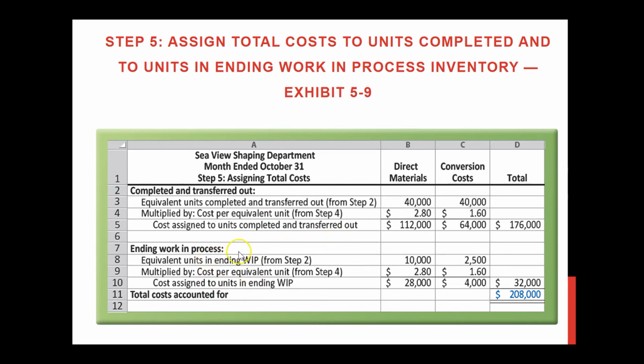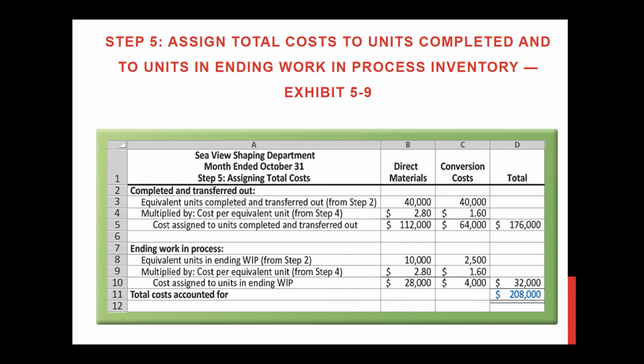Now we will look at the units that are not completed. That means those are still in work in process, and we converted those units in work in process inventory into equivalent units. If we go back to our first table, you will see that for direct material, the equivalent units are 10,000. Try to understand the concept.